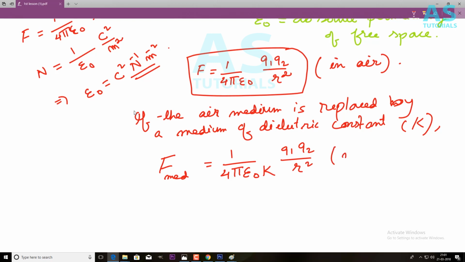This one is in a medium, maybe water or something like that.